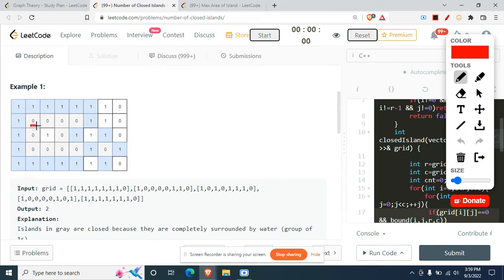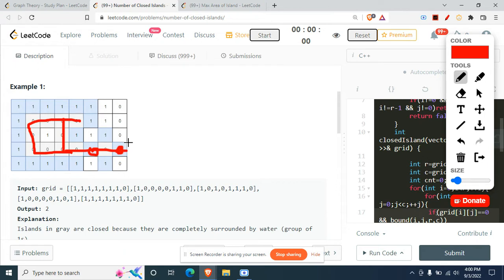So we'll start from zero. If it is a zero, we'll try to BFS in all four directions. And mind you, the only thing that we need to take care of is that we do not stumble upon the edges. That means, let's just say if this is also zero, and this is also zero, that means this whole thing is an island, this is also an island, and these things are also an island.